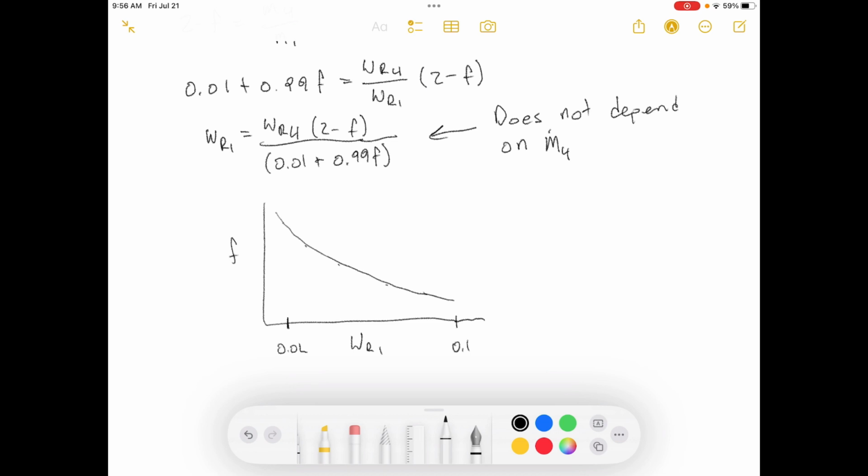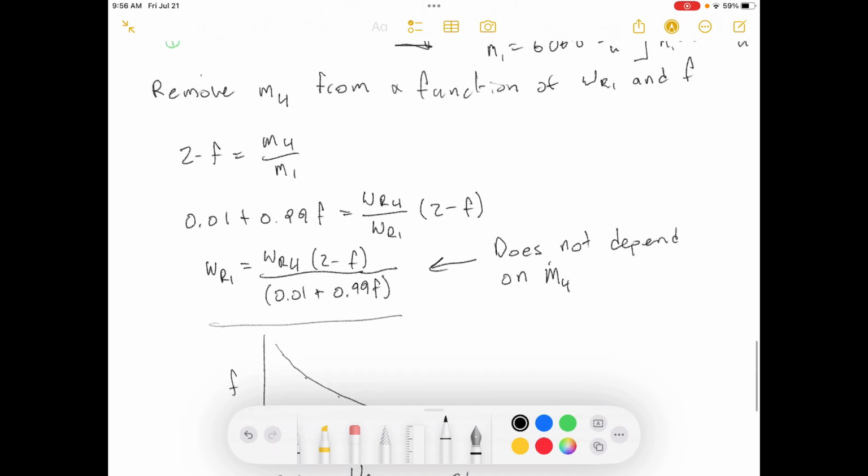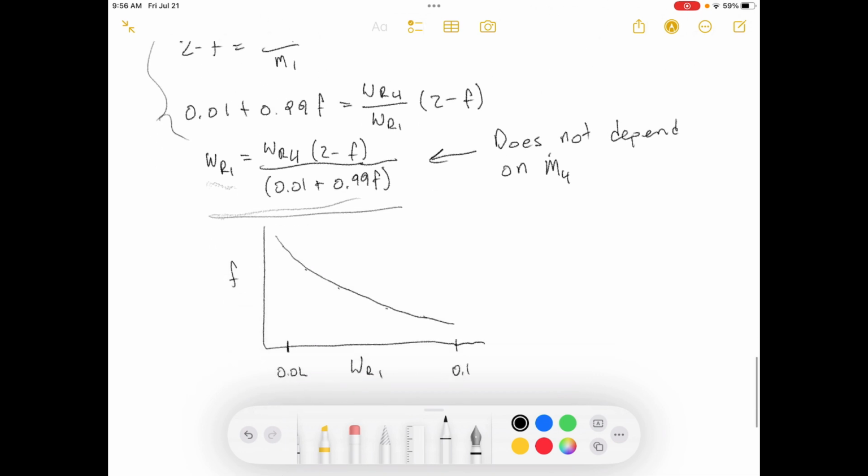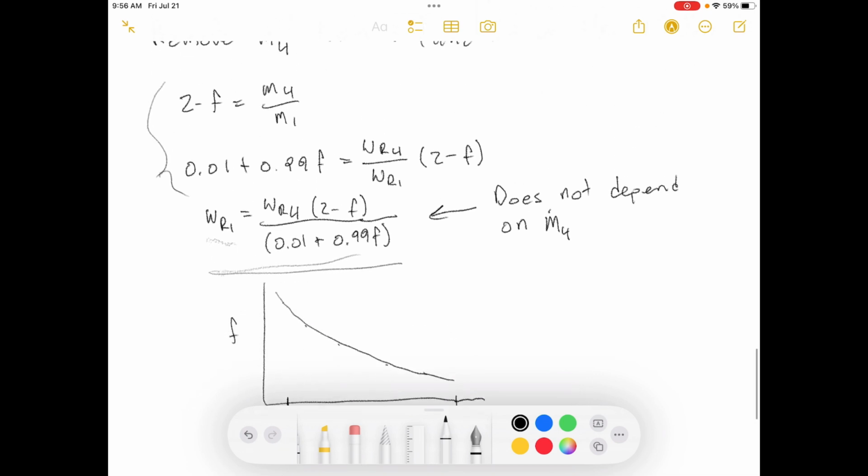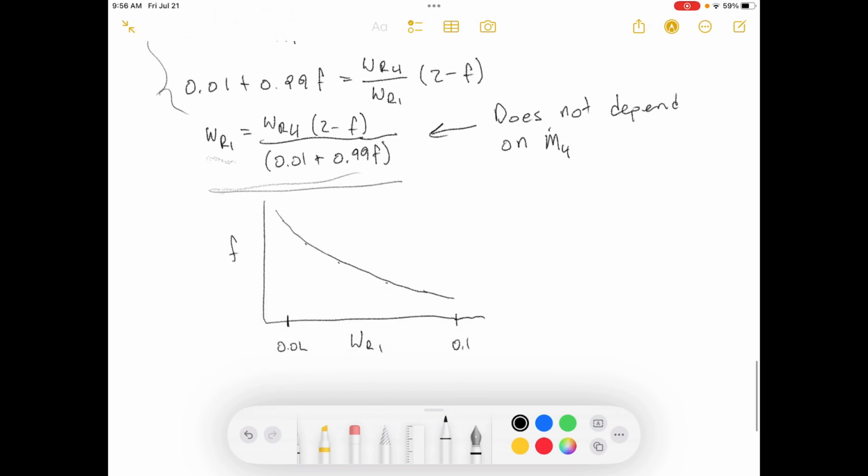It's nonlinear, and this is the function, right? I just got this function by combining our 2 equations, 2 unknowns, and then you can solve for WR. So you don't have to necessarily use the easy solve sweep they're talking about, but you could just use this equation and plot it.